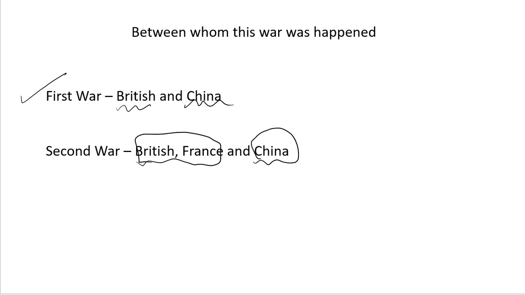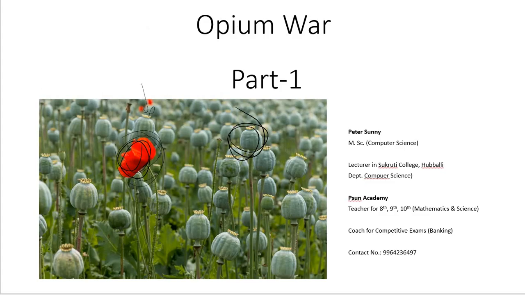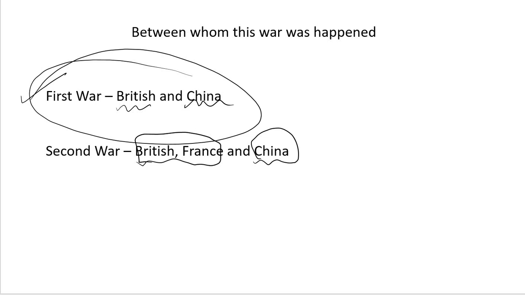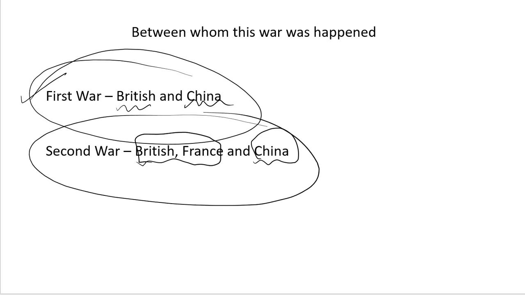So in part 1 of this video, we'll study the war between the British and China, and in the second part we are going to see the British and the French combine and go to war, that is the Opium War with China.